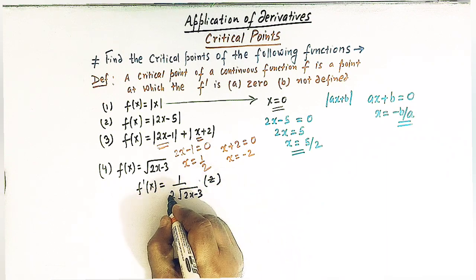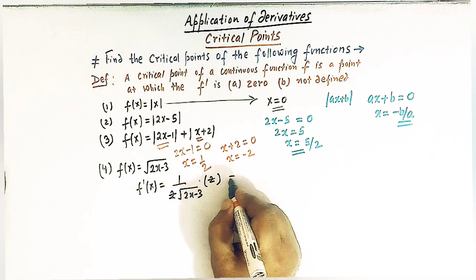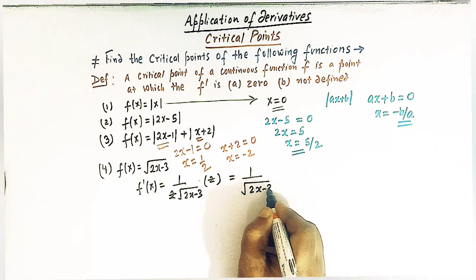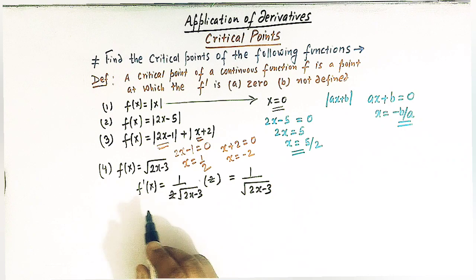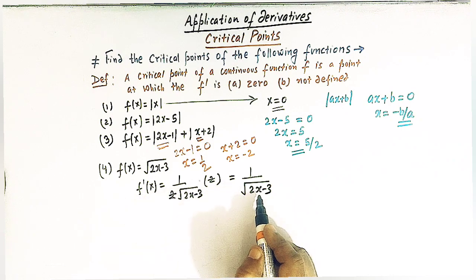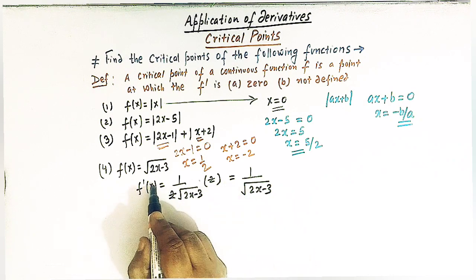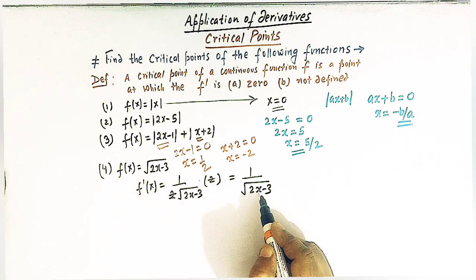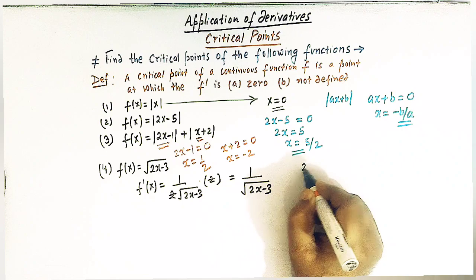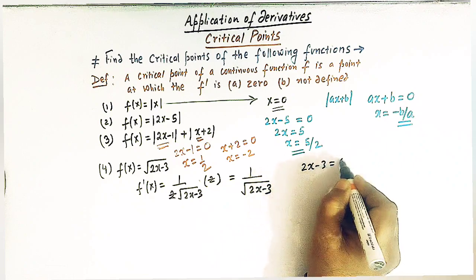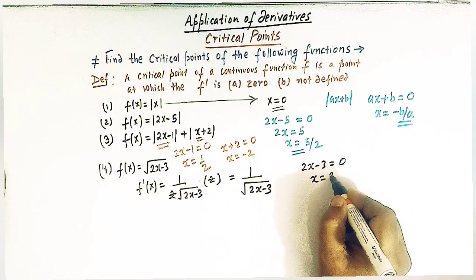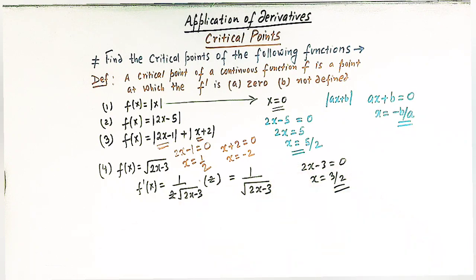So here 2 and 2 get cancelled, so we are left with 1 over square root of 2x minus 3, right? And from this expression we can see that the derivative, that is f prime of x, does not exist at the points where 2x minus 3 is equal to 0, right? So we have x is equal to 3 over 2, right?